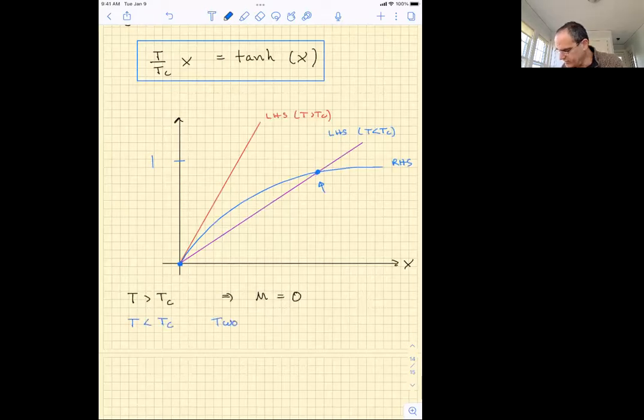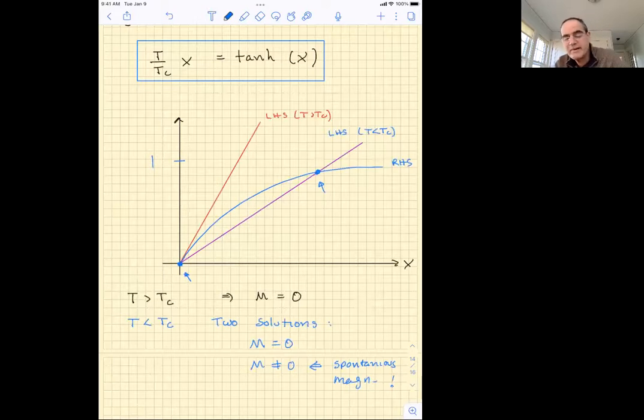So now we have two solutions. They're M equals 0, that's one solution, this one, and the second one. And the second one denotes spontaneous magnetization.